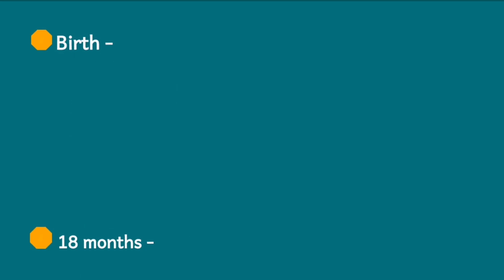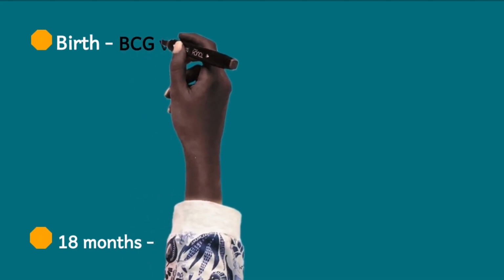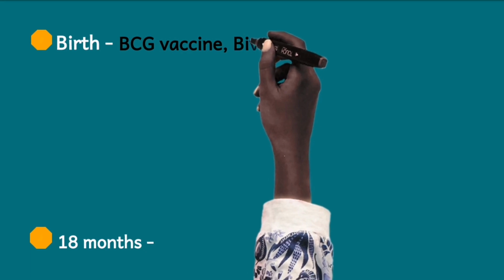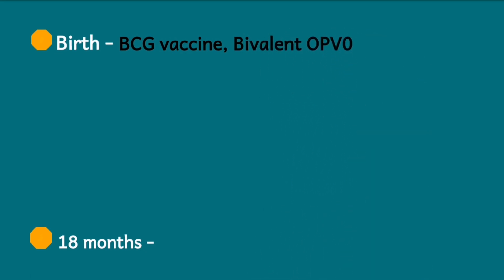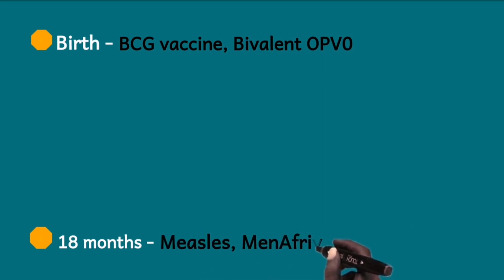At birth, she said it was BB, and then 18 months was MM. At birth, the B stands for BCG vaccine, which is given for TB, and then the bivalent oral polio vaccine. Then the MM at 18 months: we have measles, and then the meningococcal vaccine, which is the Men-Afrivac.